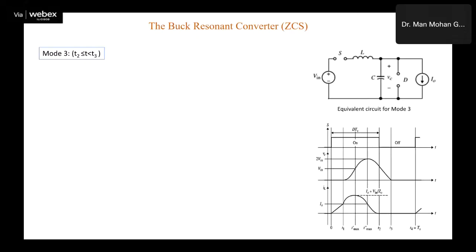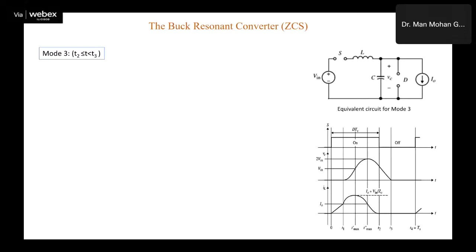At T3, this mode ends, and VC becomes 0. So set VC T3 equal to 0. Put T equal to T3 here.